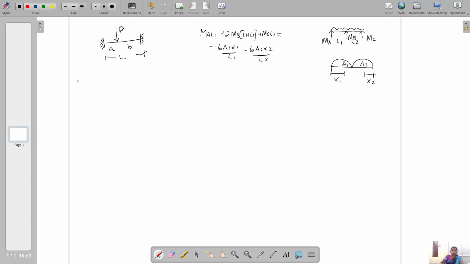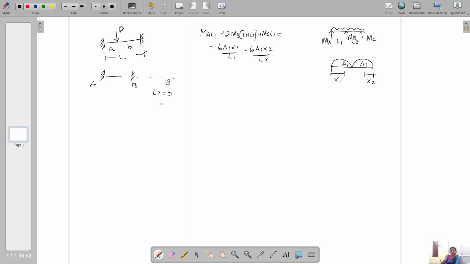So this is the common, simplified format of the theorem of three moments. In this fixed beam, we have only one span. There is no second span. We have to make up for that by considering an imaginary span first on the right side and creating a point B dash, so A, B and B dash, with a zero span.